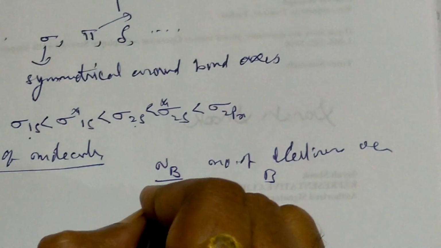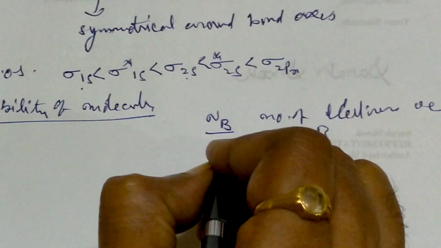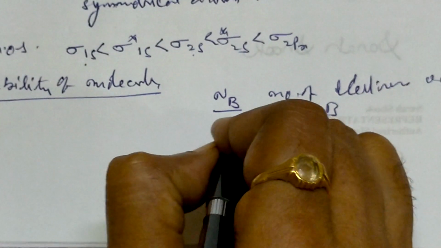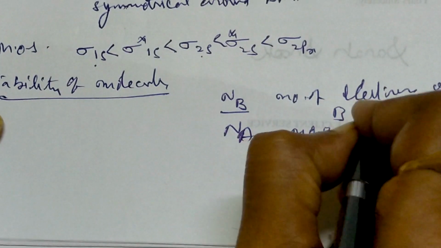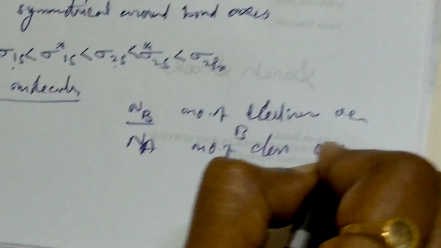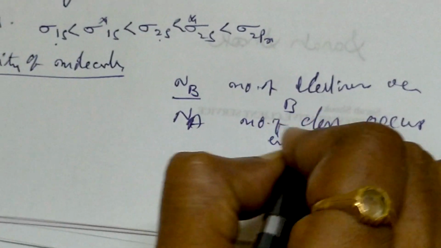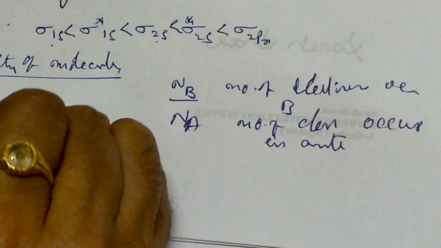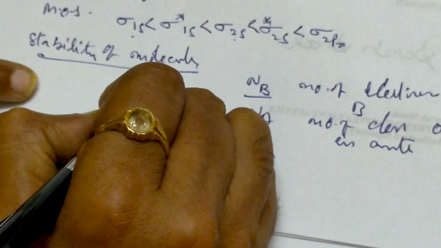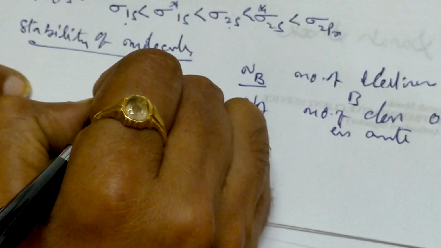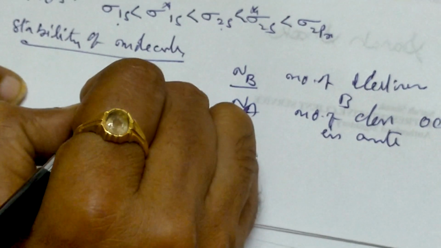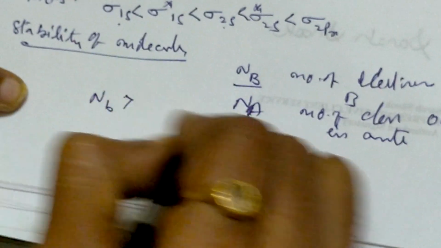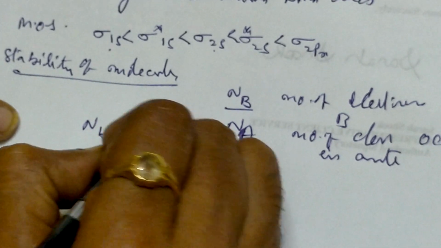Na is the number of electrons occupying the anti-bonding orbital. Nb should be greater than Na; if bonding is more than Na, it is stable.